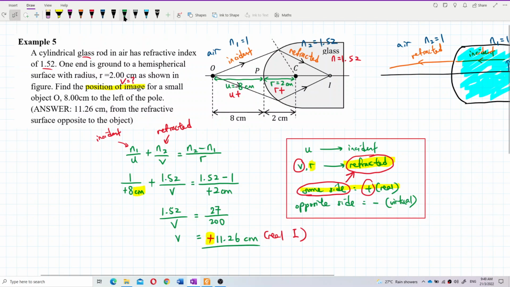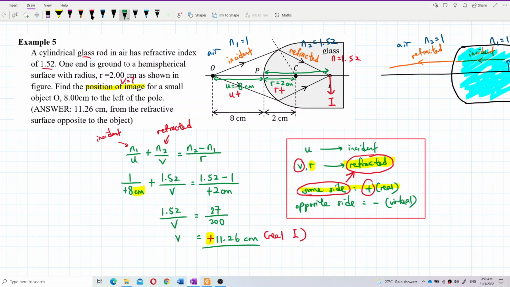So we should say the image is formed over here. That's why you see the image here. This is the image distance.